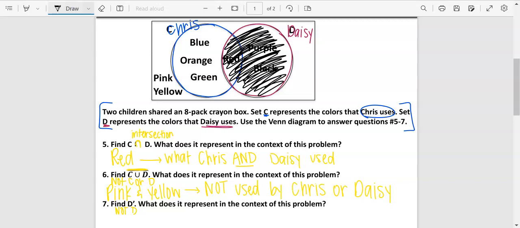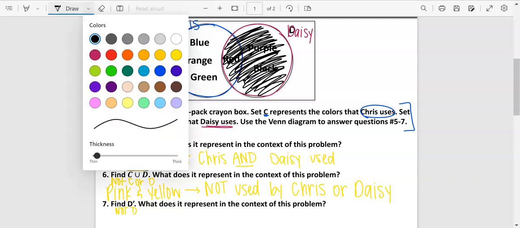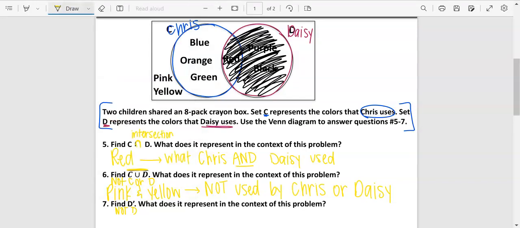I want what she did not use. So we can list out all the other colors here. We'd have pink, yellow, blue, orange, and green. And this is what was not used by Daisy.